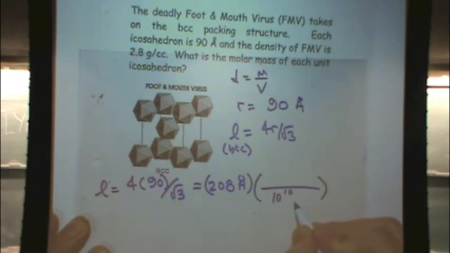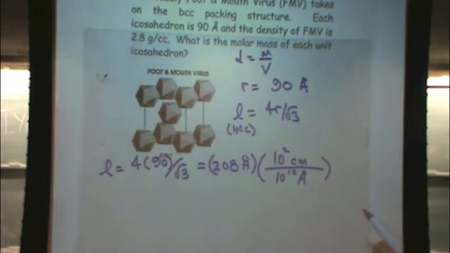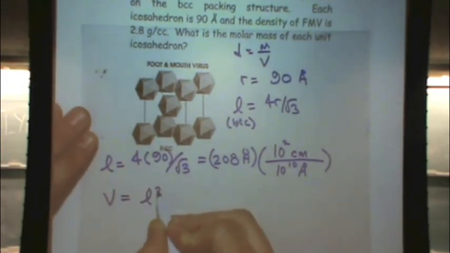And I'd have this conversion on the exam. 10 to the 10 angstroms is 100 centimeters. Okay, so really 1 meter is 100 centimeters, and 1 meter is 10 to the 10 angstroms. So that'll change you to centimeters from angstroms. And then volume would be length cubed.